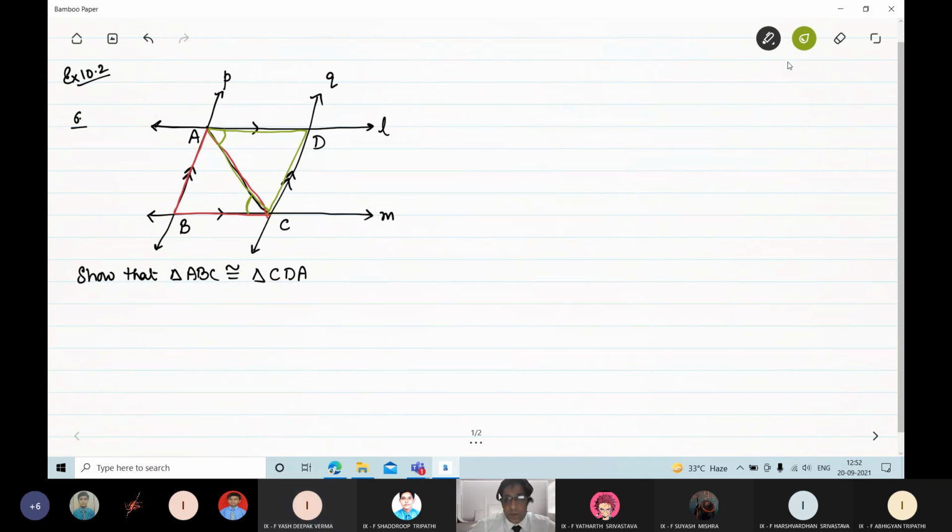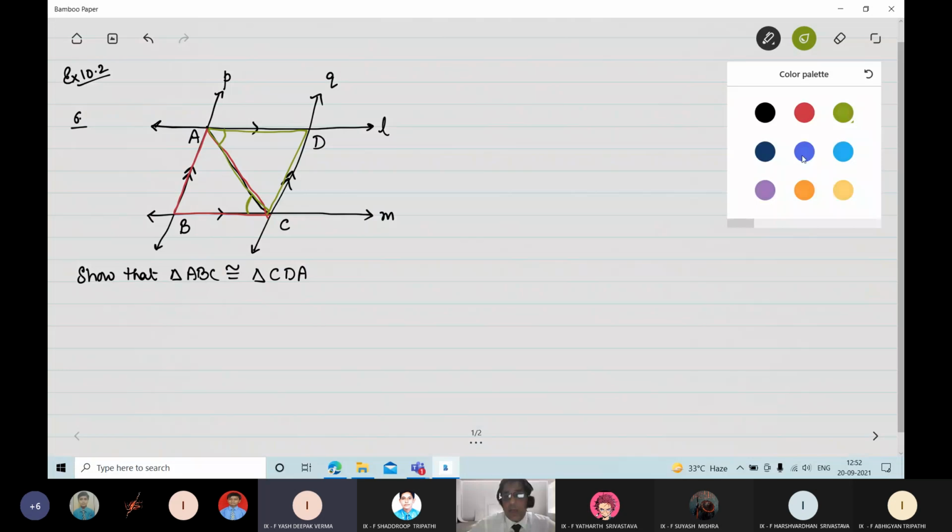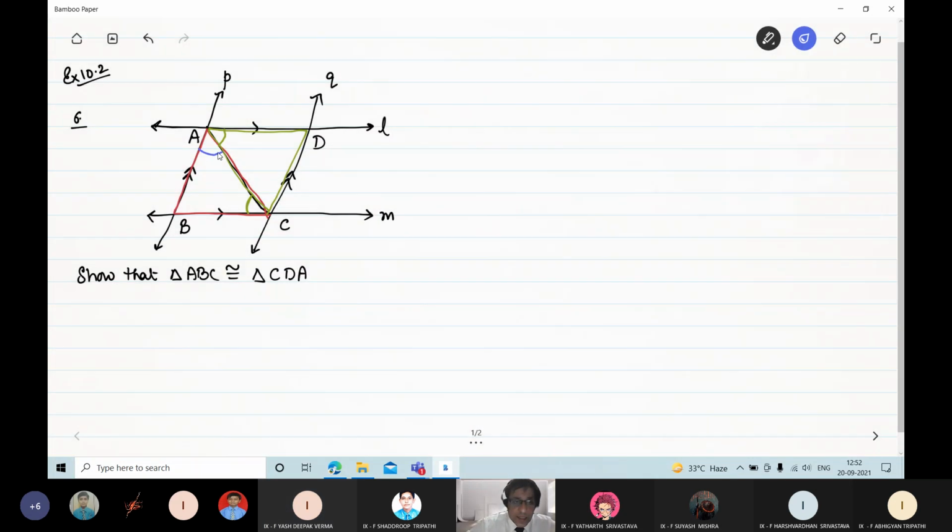Yes, sir. So these angles are alternate interior angles. Similarly, I can say that this angle here will be equal to this angle. Again, if you see, it's making a Z like this because these two are again parallel lines. So in parallel lines, the alternate interior angles are equal.